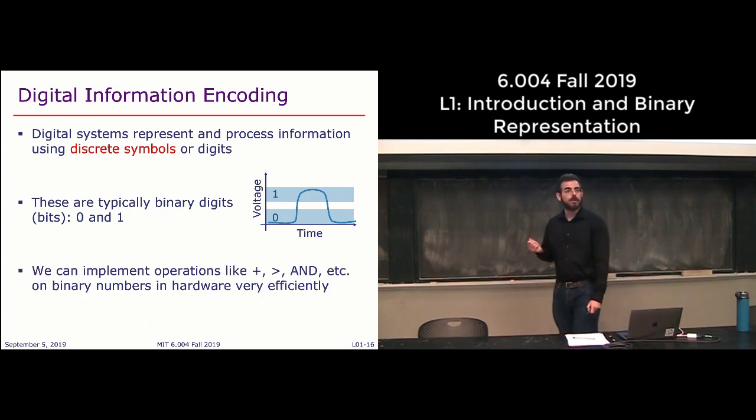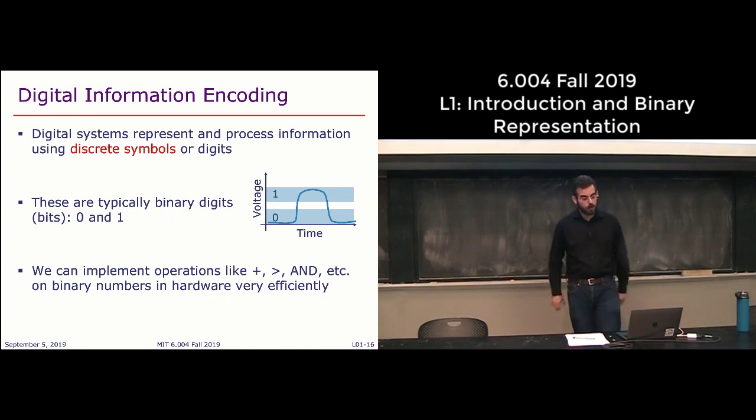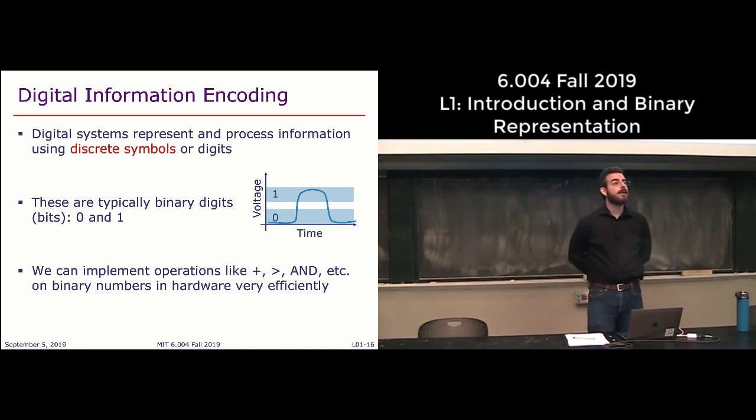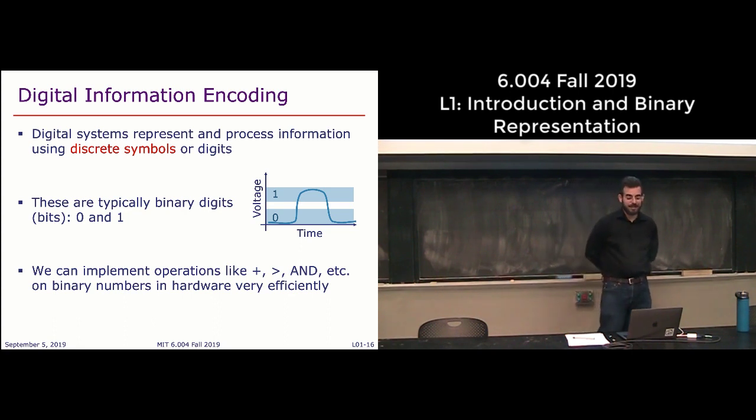The reason we do this is that with current fabrication technology, we can implement operations like addition, comparisons, and Boolean operations like and, or, exclusive or, very efficiently in hardware, but only if we represent these quantities using binary numbers.